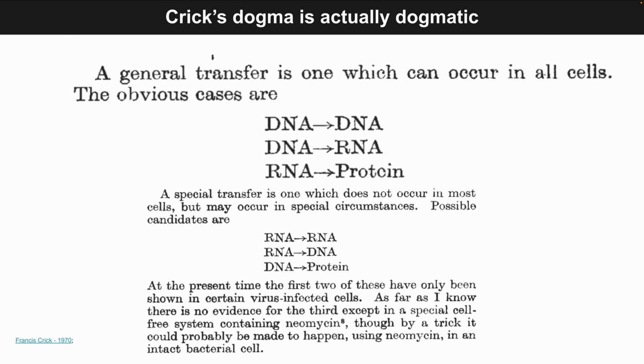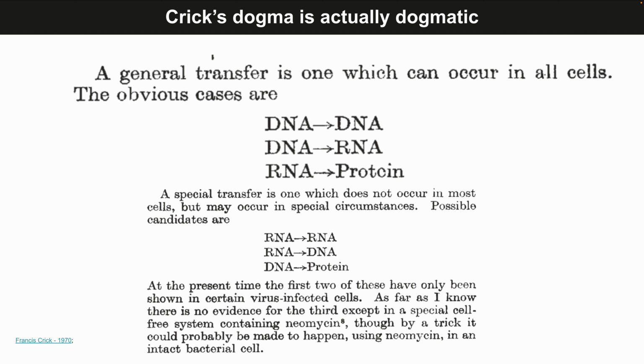Okay, why is it dogmatic? It's because of this idea of how the transfer happens. And you remember he's coming from this physics background where you talk about information as a measure. So he says that the obvious cases of these have been observed very profusely. They exist everywhere, but there's a special transfer possible, which is RNA to RNA, RNA to DNA and DNA to protein.